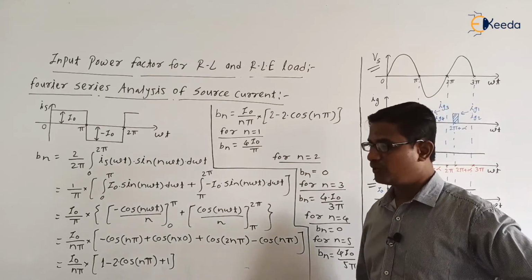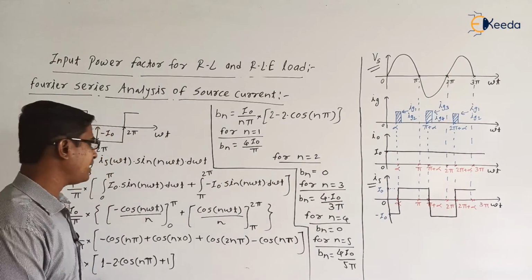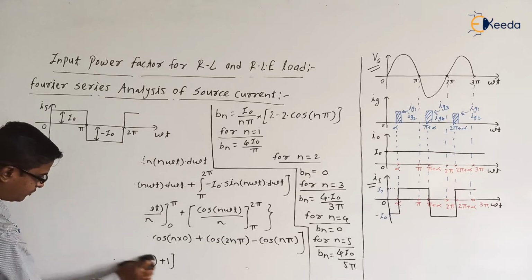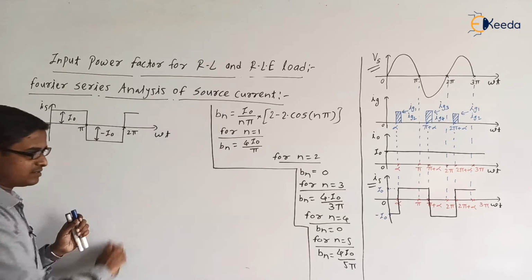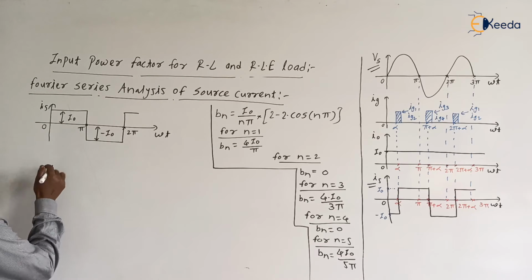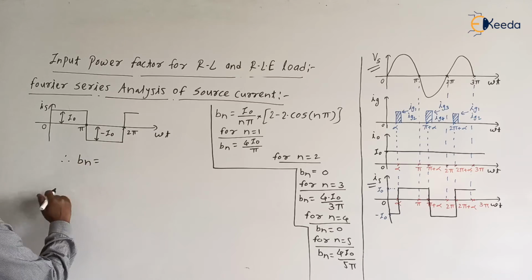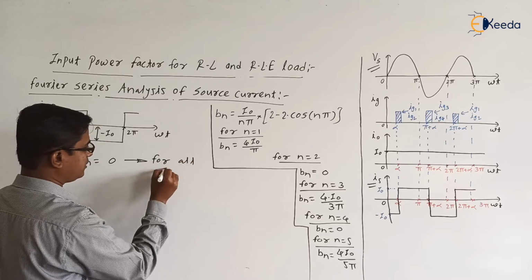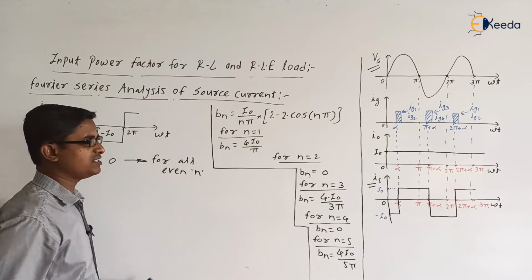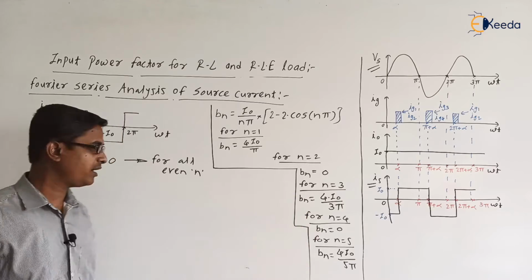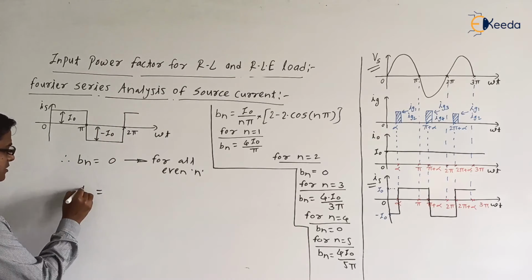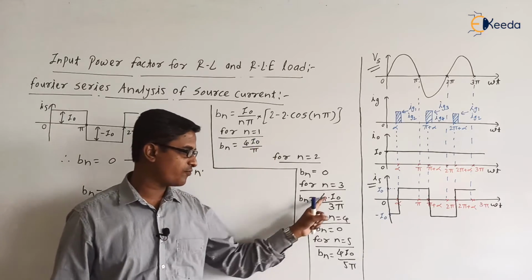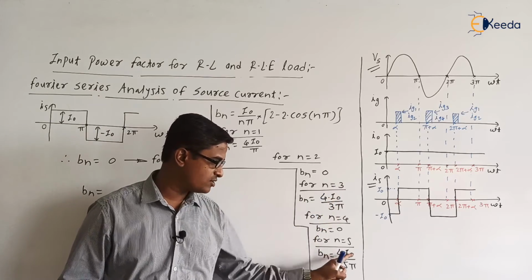So we can write Bn is equal to 0 for all even values of n, that is n is equal to 2, 4, 6, etc. And Bn is equal to 4 into I0 divided by pi, 4 into I0 divided by 3 pi, 4 into I0 divided by 5 pi.